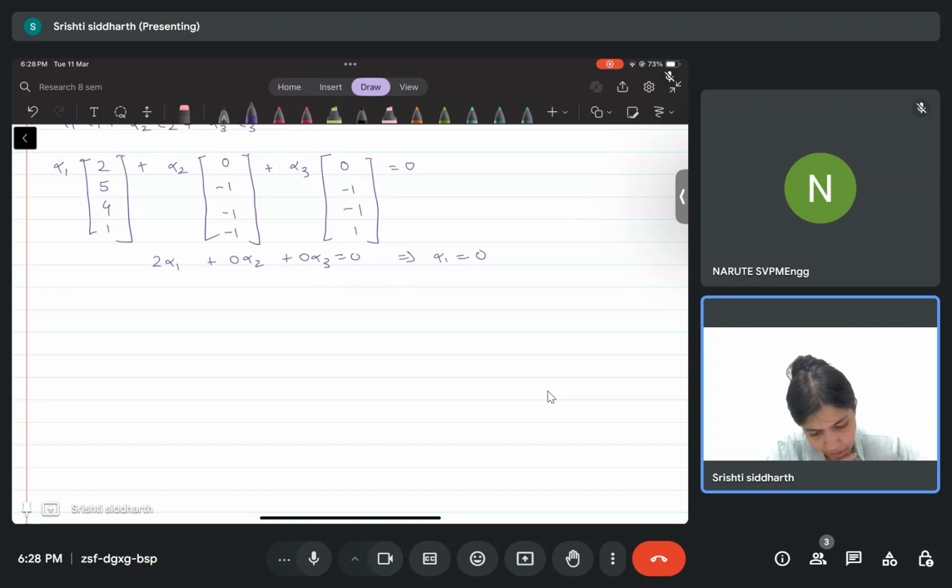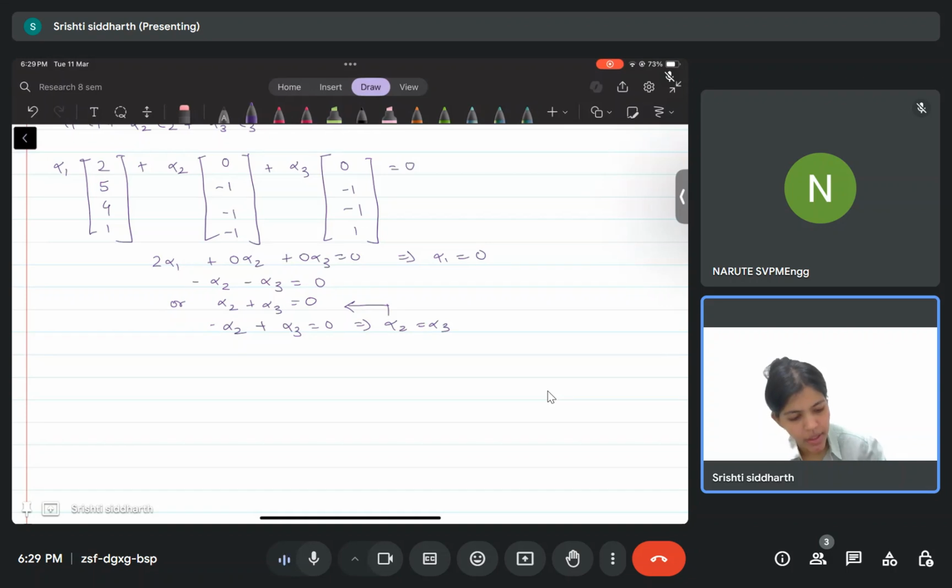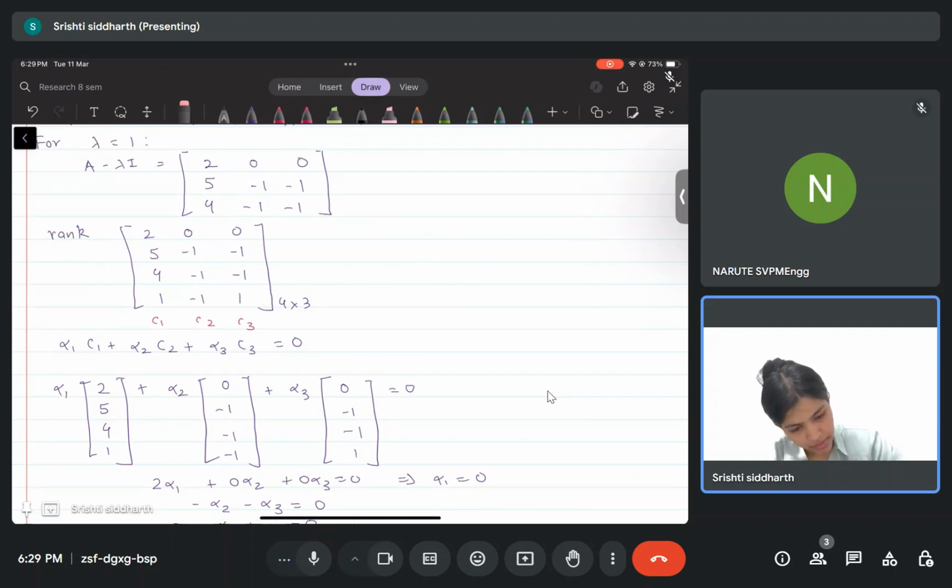Now we'll have to find out two equations in alpha 2 and alpha 3. The first one is minus alpha 2 minus alpha 3 equals 0. Then let's go to the last row: minus alpha 2 plus alpha 3 equals 0. So this simply implies alpha 2 equals alpha 3. You can substitute in here to find that both of these are 0 as well. So the rank is 3.